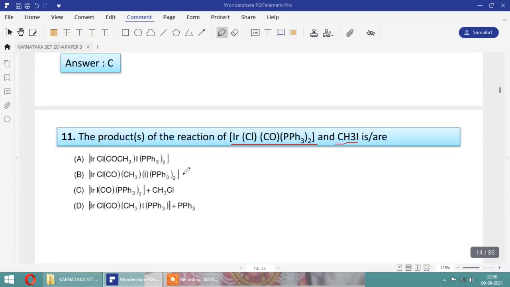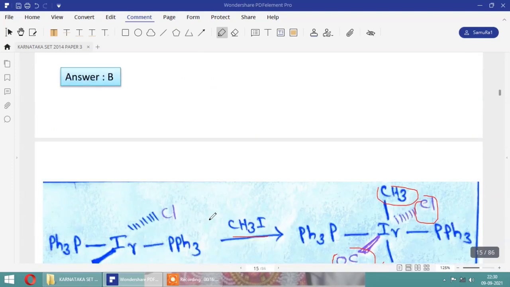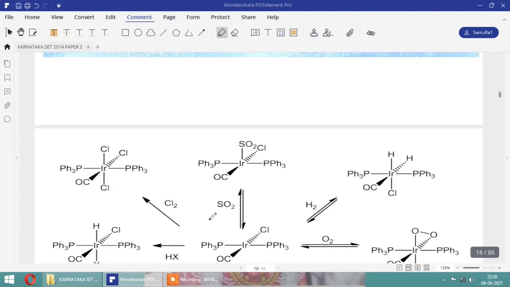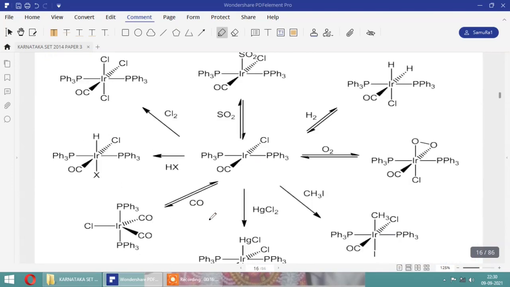That is, the answer is B. Option C was ruled out. Option A was ruled out because no COCH3 is formed, and option D was ruled out. Option B is correct.